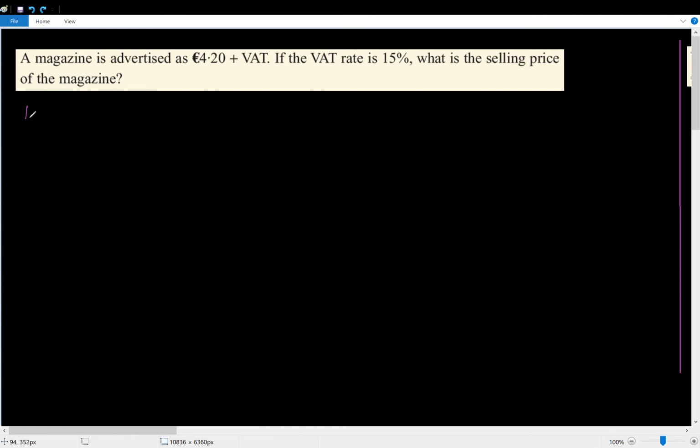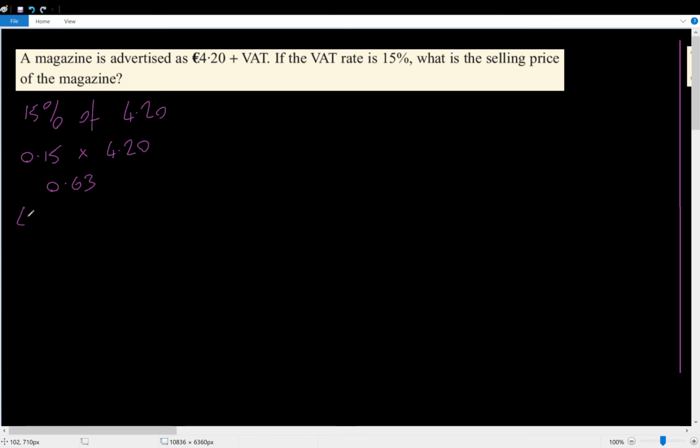So we're looking for 15% of 4.20. Well, 15% is 0.15. Of, in this case, means multiply, and it's still multiplied by 4.20. Right, 0.15 multiplied by 4.2 is 0.63, or in this case, 63 cents.